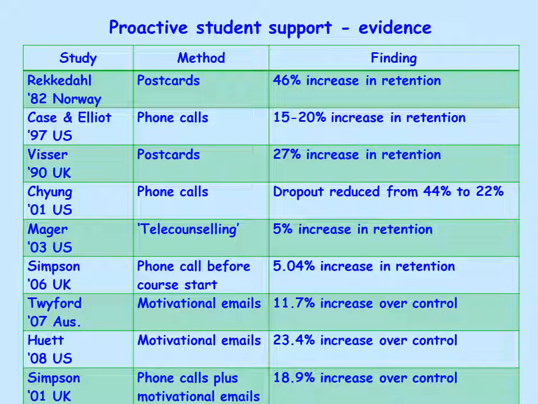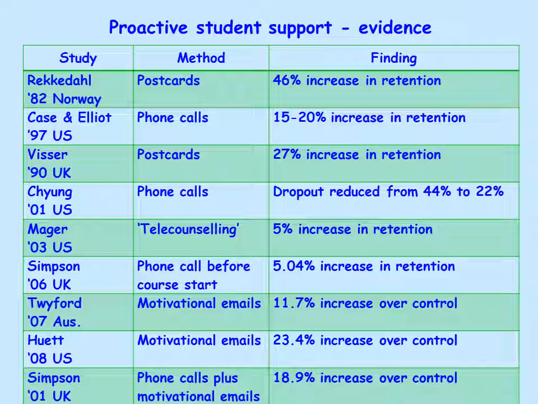And this table is rather dense, so I won't go over it in detail. But what it says is that by using proactive student support, whether that's phone calls, emails, even letters, you can increase your students' success rates by up to 46% in some cases.